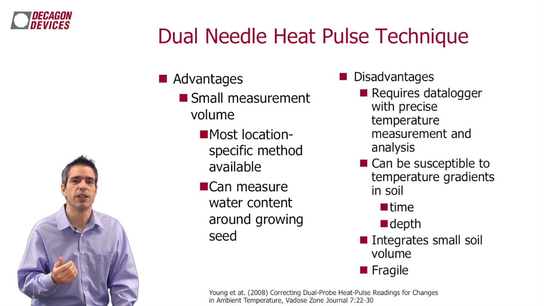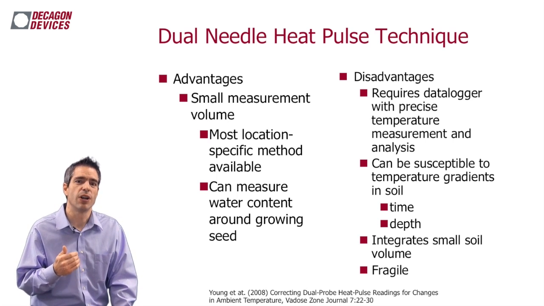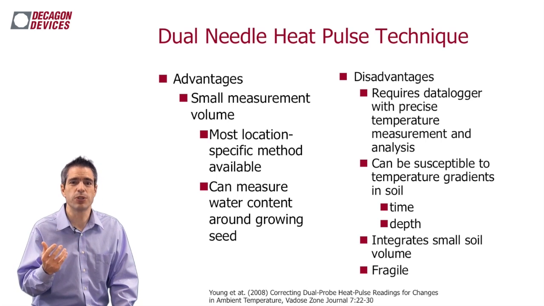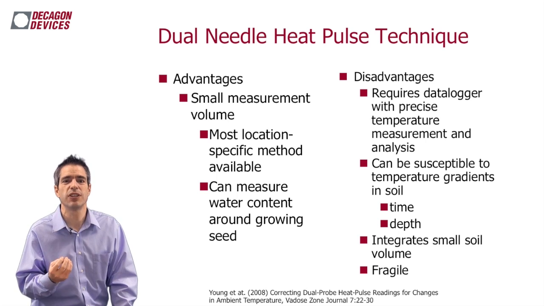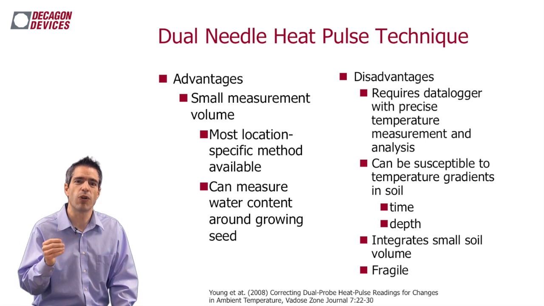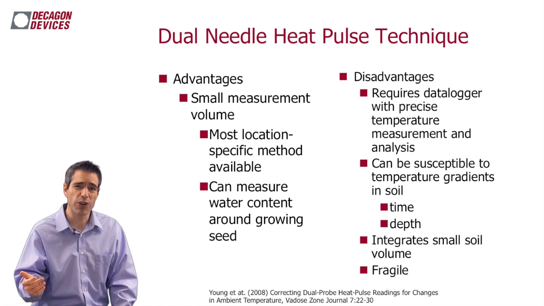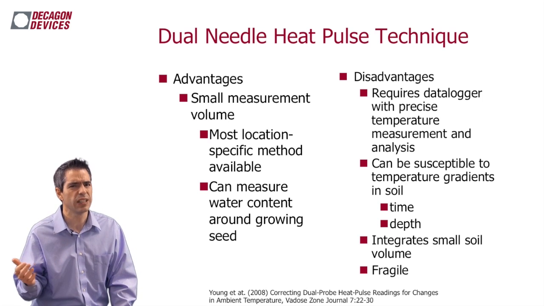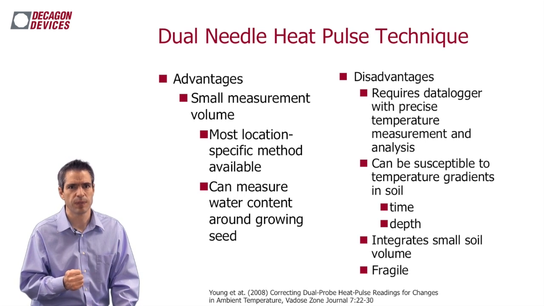And that's been done in the paper that I note there at the bottom of the slide. Now, the other opportunity you have is to look at things that are growing. Imagine trying to understand the amount of water right at the growing surface of a seed or a root. These sensors would allow you to be able to do it where none of the other techniques that we'll talk about really would be good for this use.